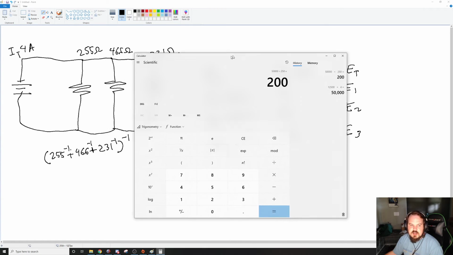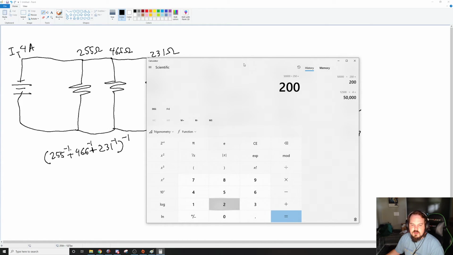Here it is typing into the calculator. Gotta open the parentheses. 255, plus 466, plus 231. Don't pay attention to the numbers that are popping up right now. Then we'll close the parentheses and do the negative one one more time. So 96.2.